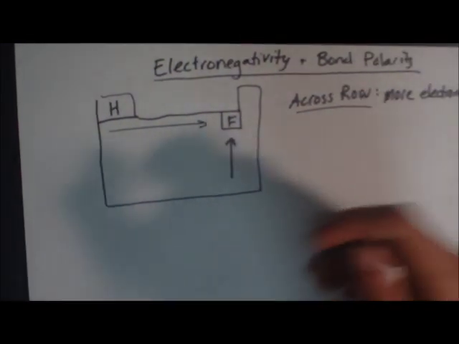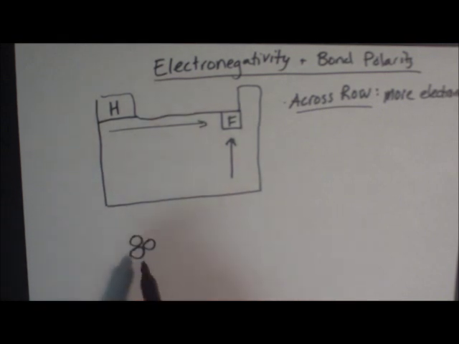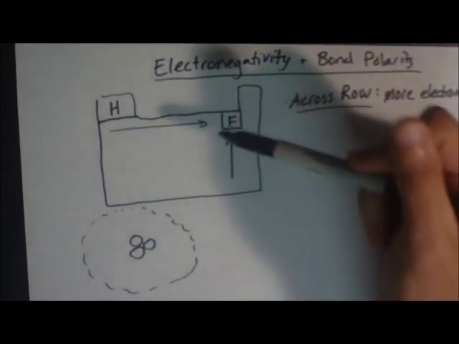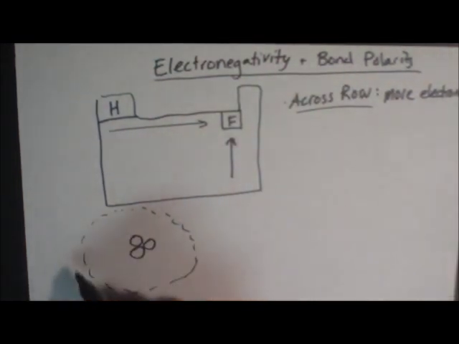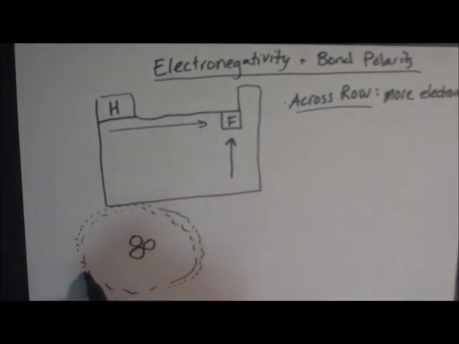So, let's just draw this out really quick. These are going to be my protons, and here's going to be my electron orbit. As you go across the row, the electron orbit's going to approximately stay the same. You're going to increase a little bit as you add more electrons, because each orbit can only hold so many.